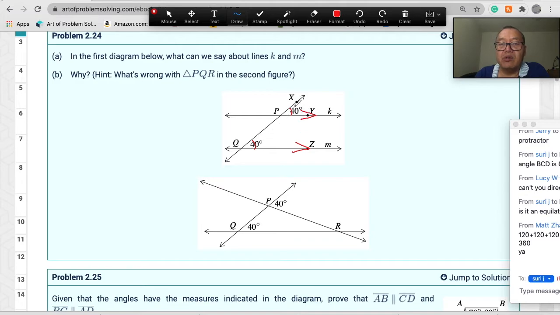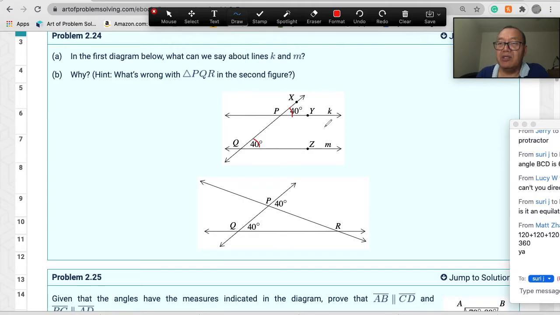Because these two angles are corresponding angles. Now we go backwards. We did not tell you these two lines are parallel. We only give you that these two angles are the same, equal to 40 degrees. Then we ask you what is the relationship between line M and line K. The conclusion is they are parallel to each other.